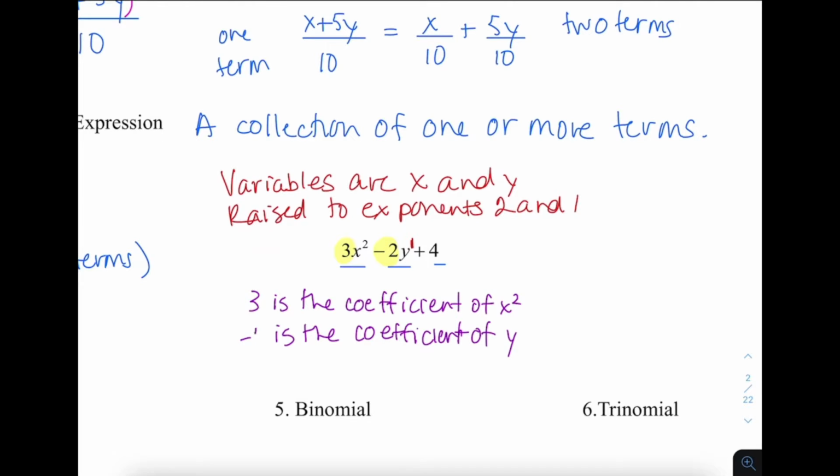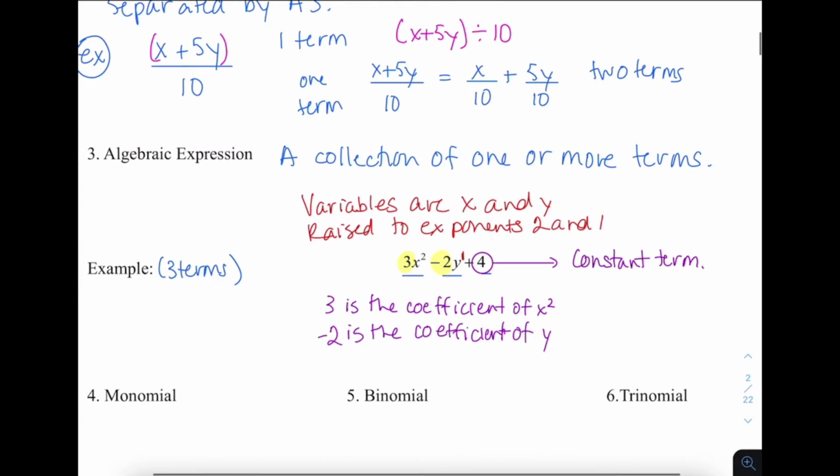So we always keep the sign as part of the coefficient. So -2 is the coefficient of y. And finally, this number here, the one that's all on its own, the one that isn't multiplied by a variable, we call this the constant term. So just so we know the anatomy of an algebraic expression, when I use these words, no pun intended, you know what I'm referring to.